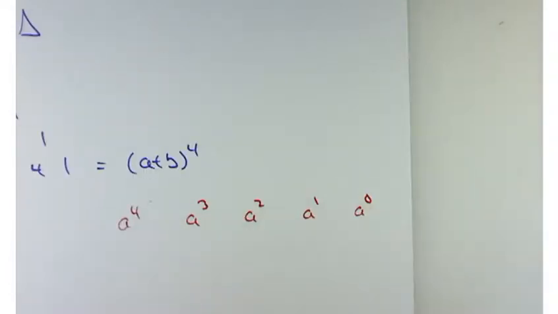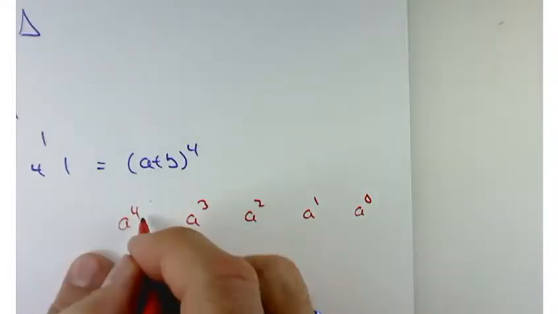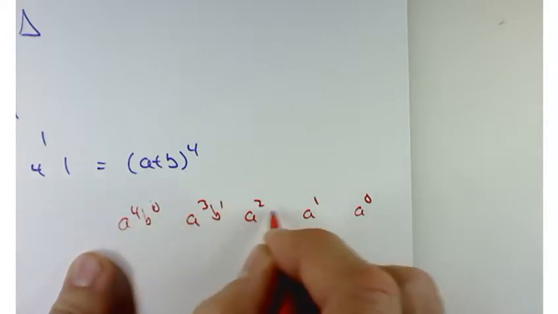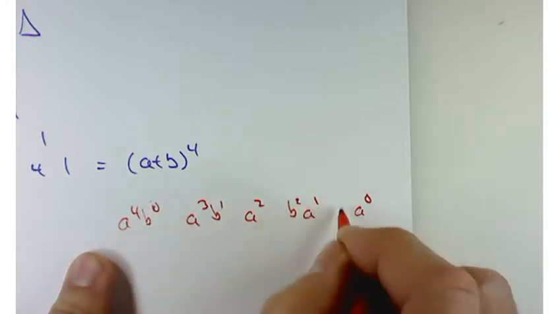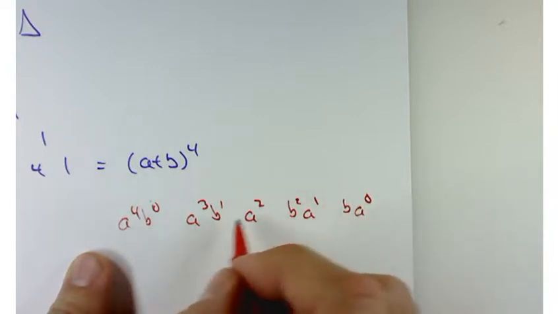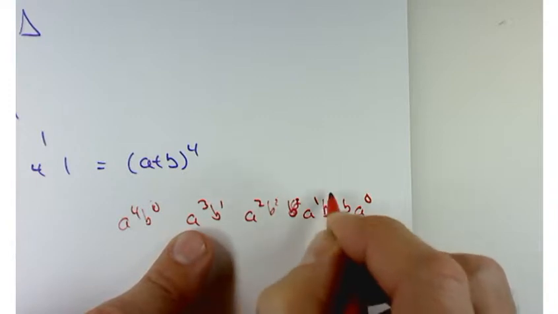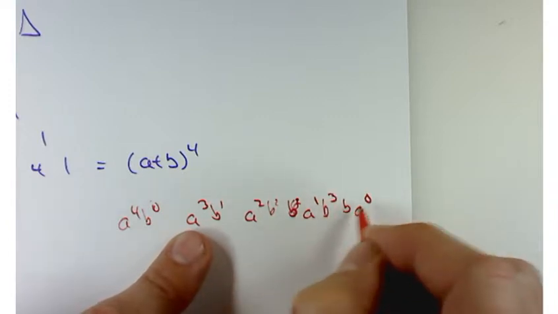And now, with the b's, I'll do likewise. B to the 0, b to the 1st, b to the 2nd, b to the... I missed one here. B to the 2nd, b to the 3rd, and finally b to the 4th.